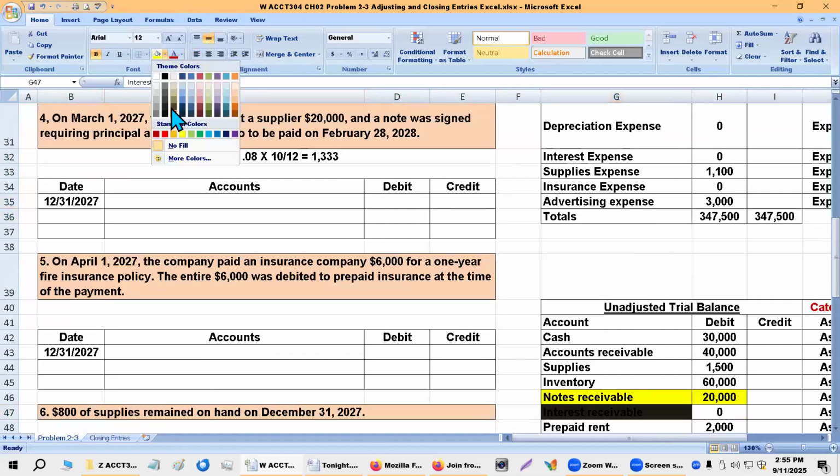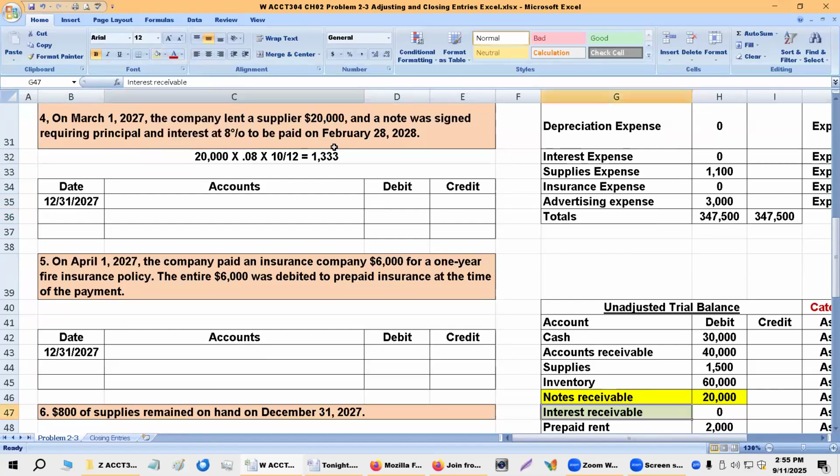So probably interest receivable. So they owe us, I'm in the wrong spot. Sorry about that. It's an asset going up. They owe us more money now.